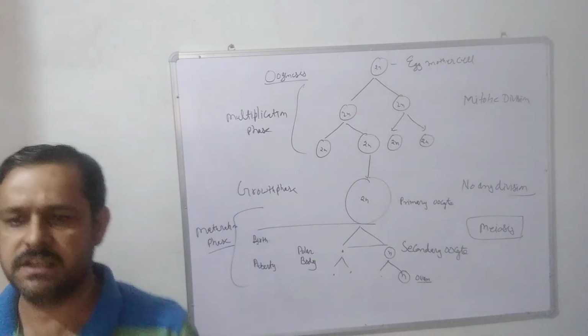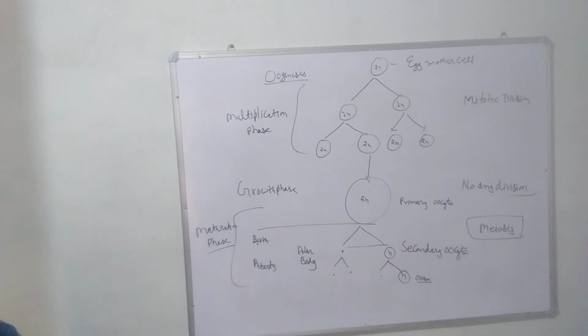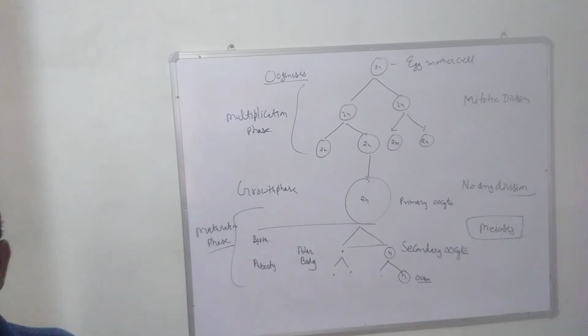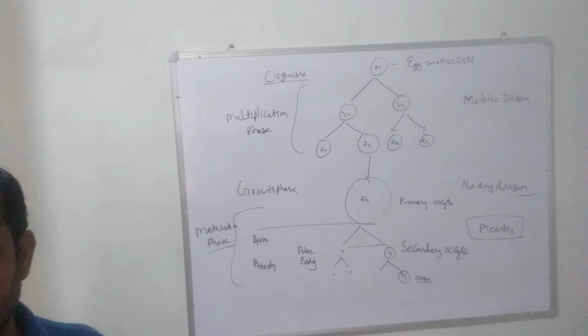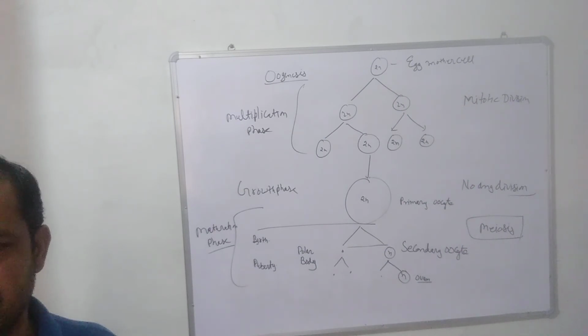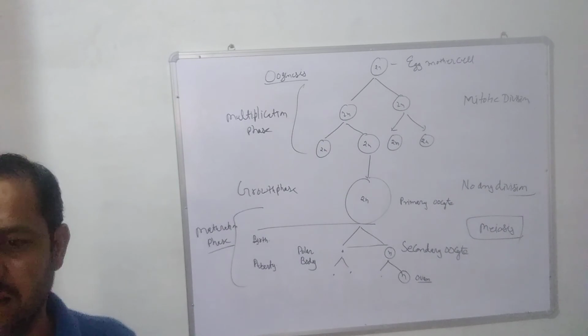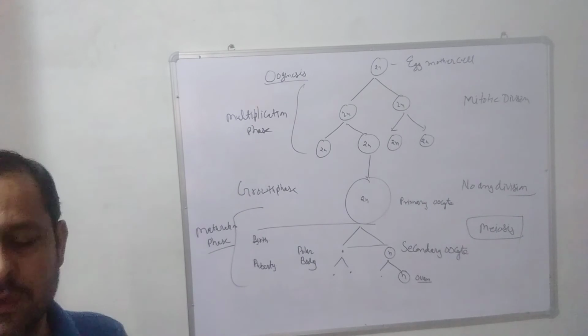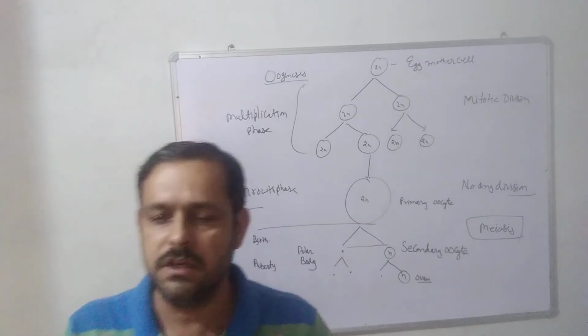In the growth phase, the essential nutrient materials are synthesized and deposited. The oogonium increases greatly in size and is called the primary oocyte. The growth of the oocyte is by follicle cells in mammals. In egg-laying animals, yolk is synthesized in the liver and transferred to the oocyte through the mother's blood.